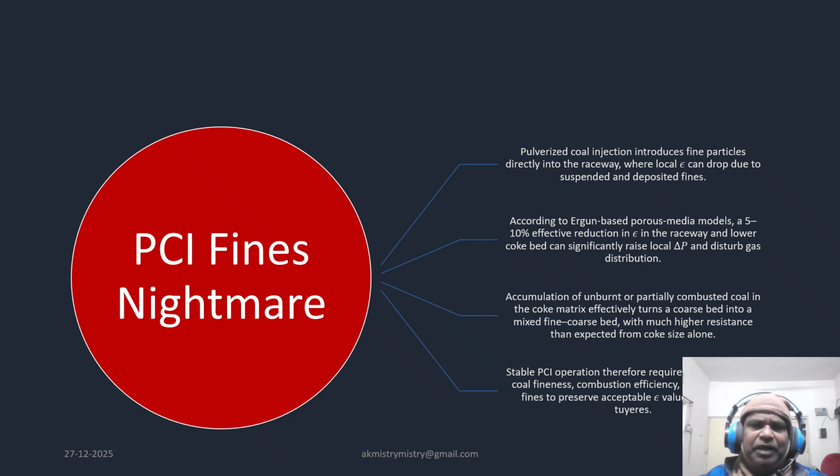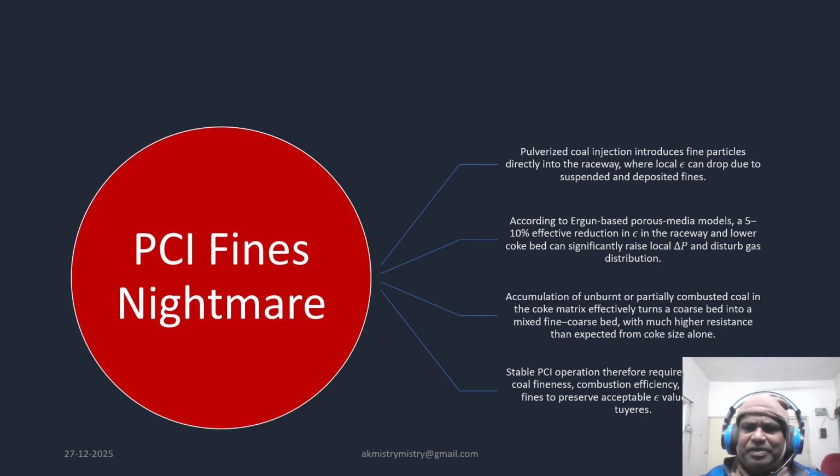When we apply the Ergun type porous media model to this region, a relatively small effective reduction in void fraction due to accumulated fines can, in a big way, increase the local pressure drop and disturb the distribution of gas between different tuyere levels and across the furnace cross section.